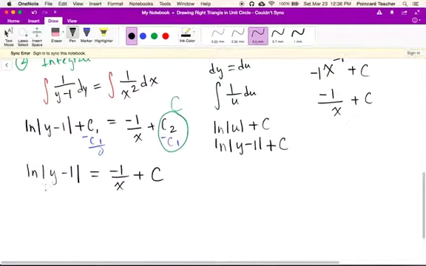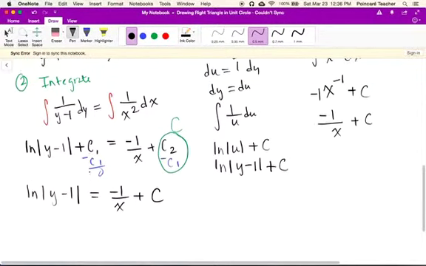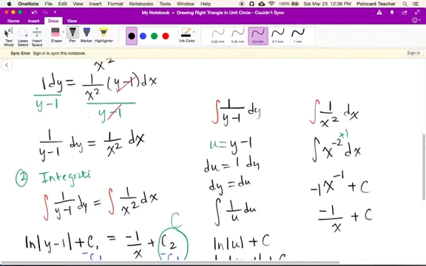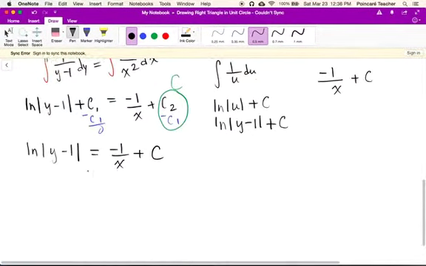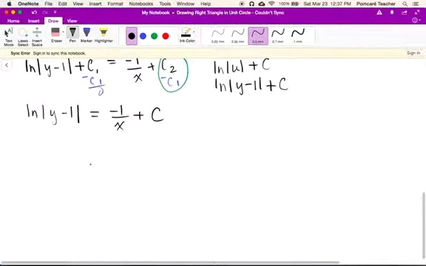So this one here, again, we have an ln. Now I need to decide if I want to solve for y first or I want to solve for c first. So just like the previous one, I'm going to go ahead and solve for y. And then we're going to solve for c and then write the particular solution.